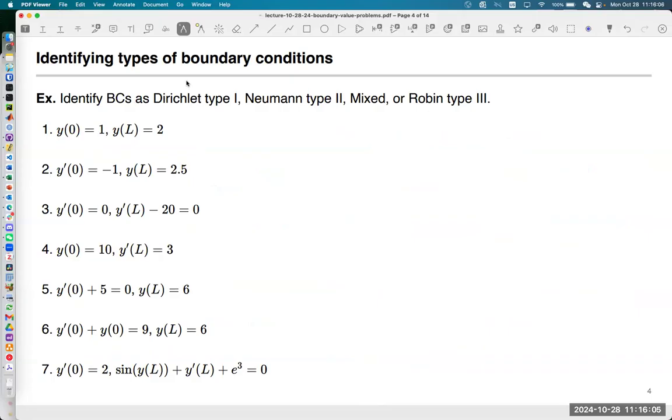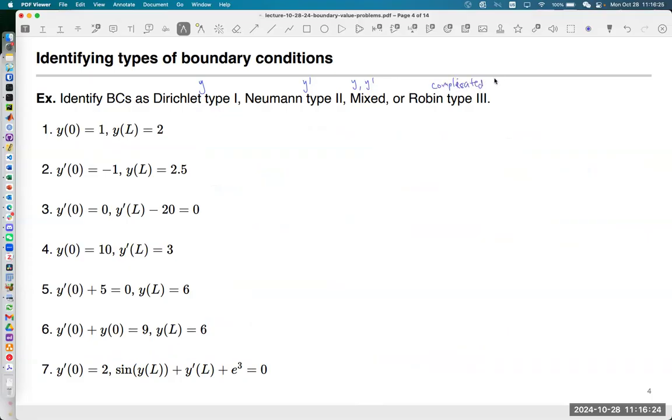Let's try identifying some of the boundary conditions, whether it's type 1, which is knowing the original values, or type 2, the derivative, mixed for the original value or first derivative, or complicated functions.